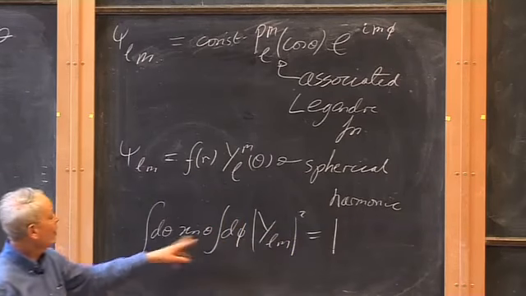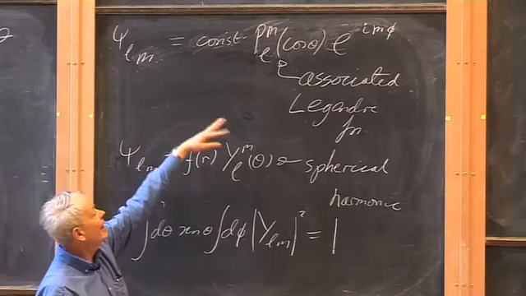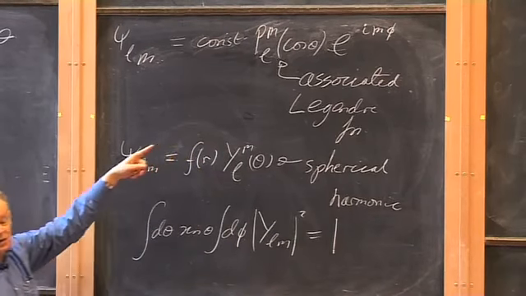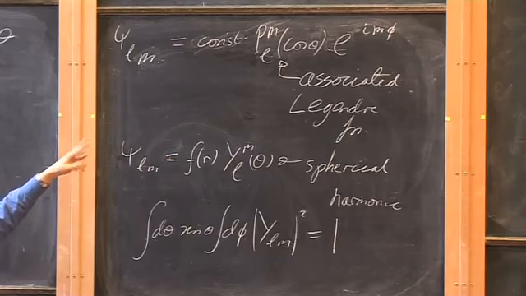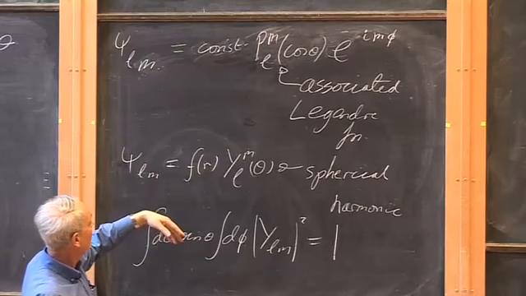So the YLMs are correctly normalized, so if you mod square them and integrate them over the sphere, they come to 1. The PLMs have a daft normalization. And that's why I don't think you should bother with PLMs. They're just stupid functions. Historically, they've been defined in a bad way.